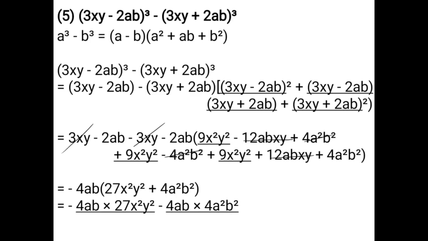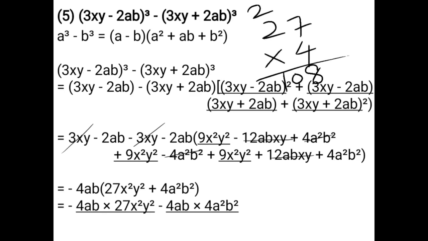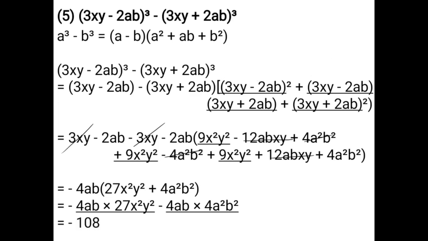Then you have to multiply 27 into 4 first. 4 sevens are 28, 2 you have to carry up, 8 you have to bring down. 4 twos are 8, 8 plus 2 is 10. That is minus 4ab into 27x square y square is minus 108abx square y square, minus 4 into 4 is minus 16, ab into a square b square is a cube b cube. This is the final answer.